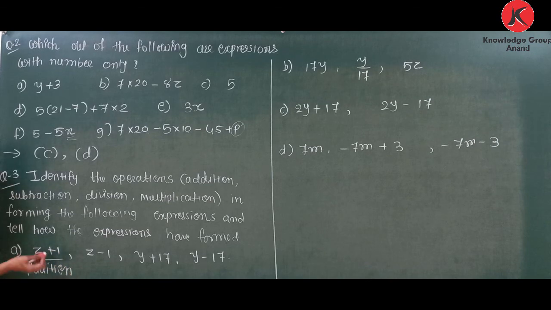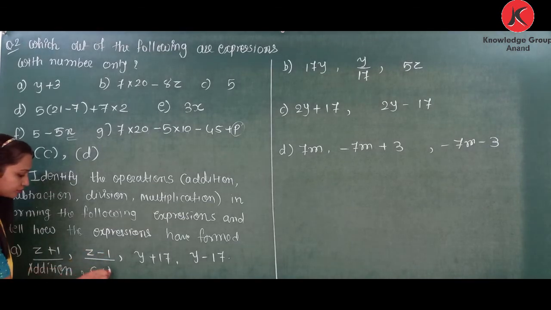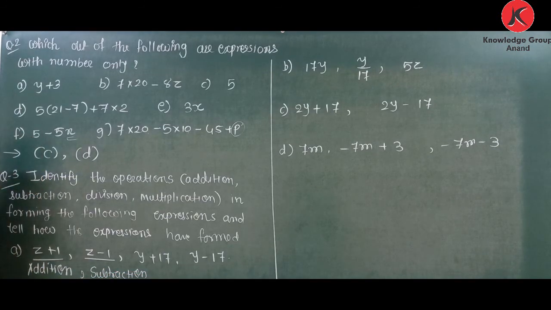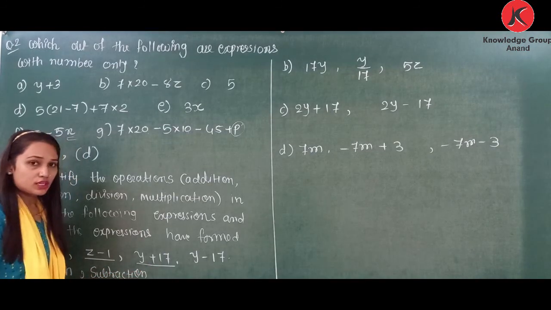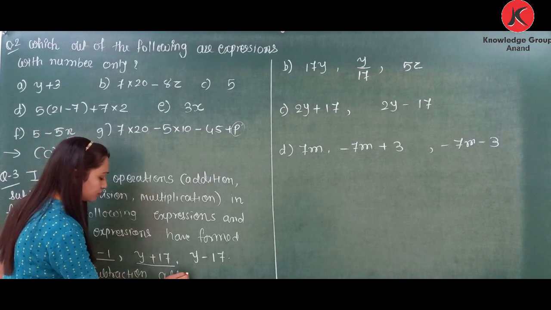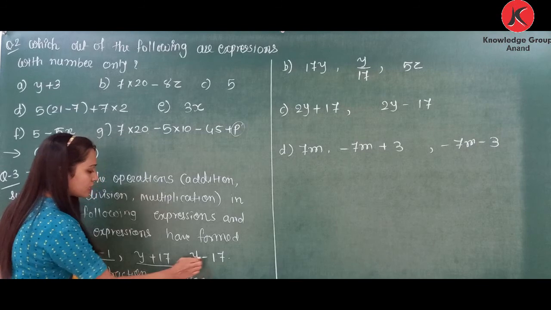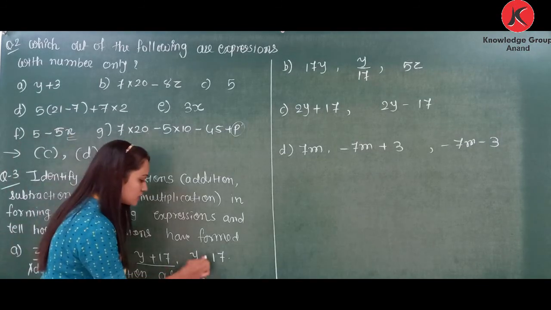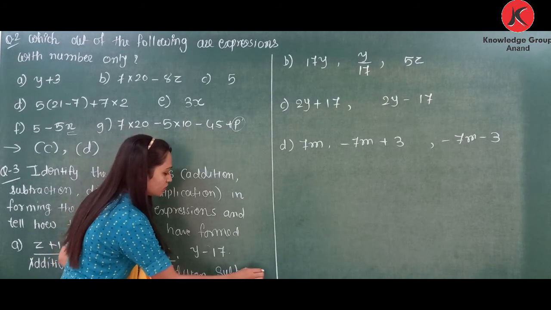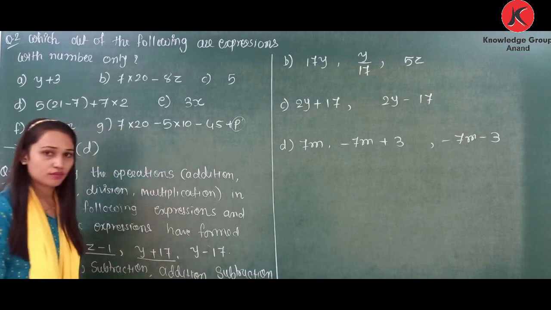And 1 is added to z. Z minus 1. Which operation is here? Subtraction. For y plus 17, which operation do we have? Here addition. And for the next one it is a subtraction. You can see the subtraction sign, so it is the operation of subtraction between y and 17.